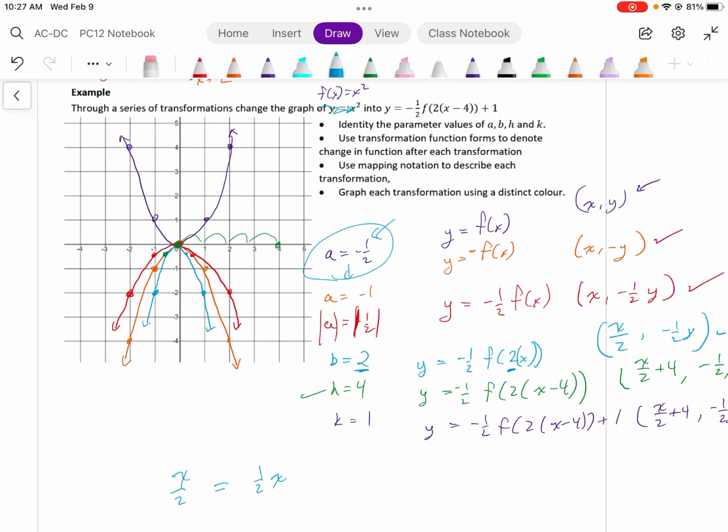But I can only approximate it because things are getting a little squishy. My blue graph, this point right here, (-1, 2), I can move over 4 units to the right.